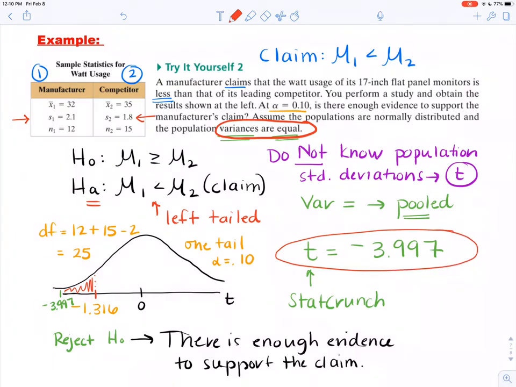Not that I couldn't have calculated it by hand, but this is that really lengthy formula. And so in that case, when I need to get a pooled value, I'm just going to take all my information, plug it into StatCrunch, and let it calculate that formula for me.